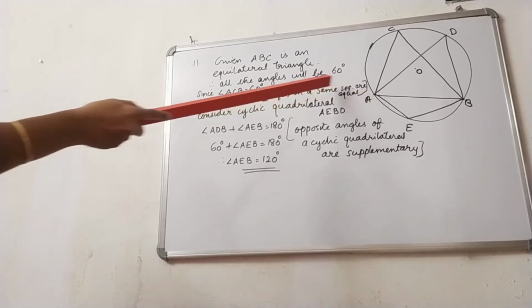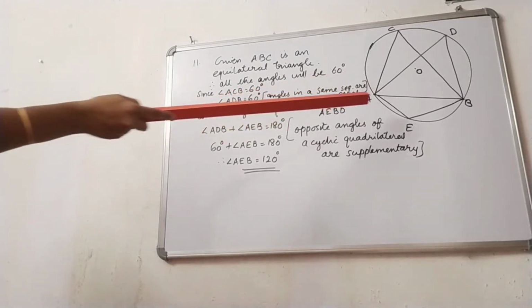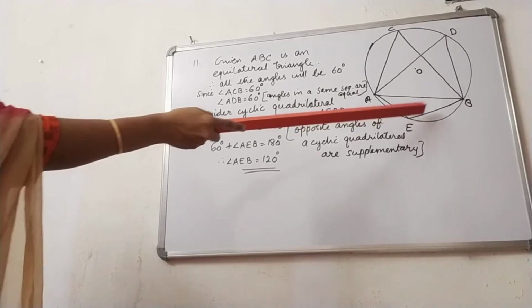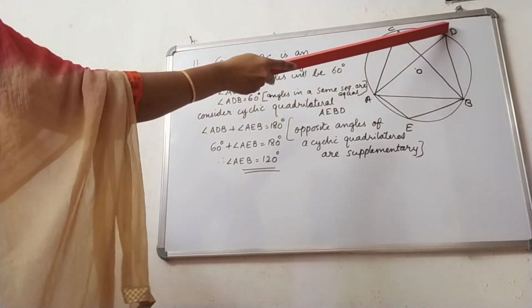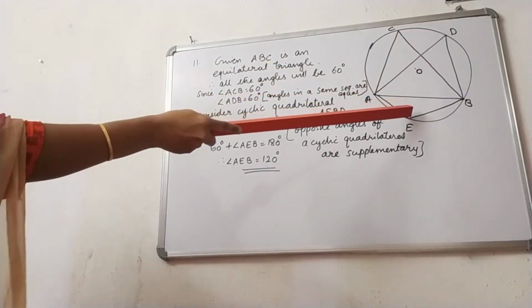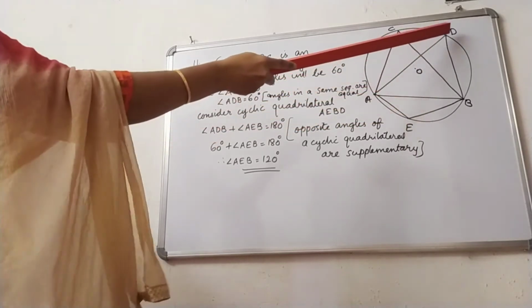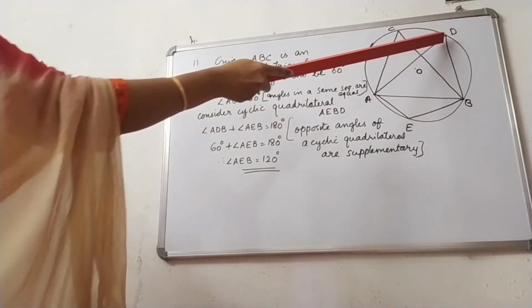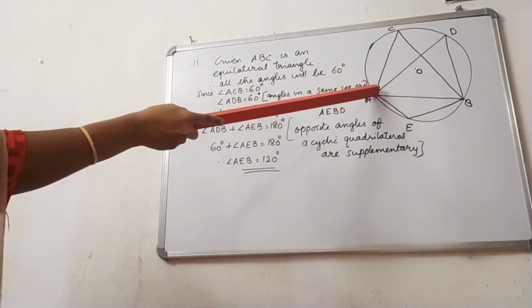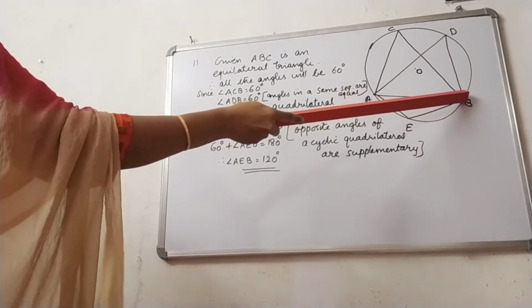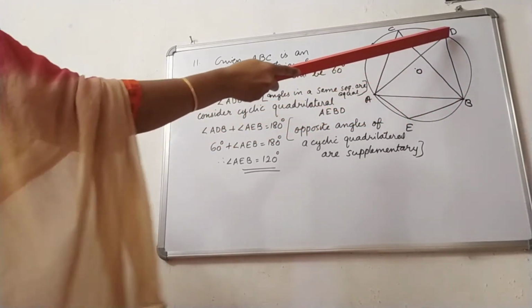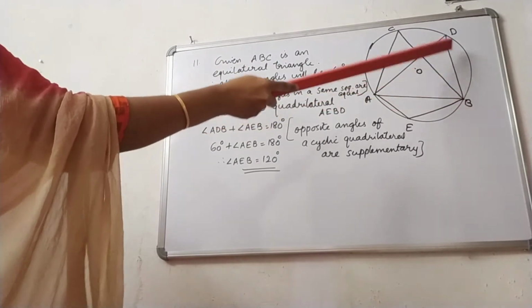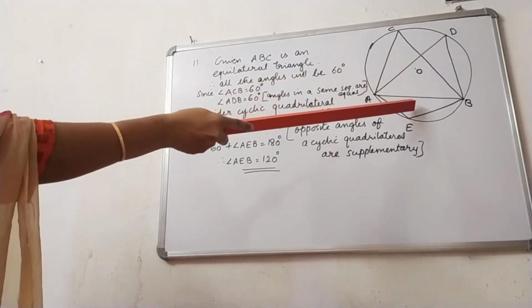Next we want to consider the cyclic quadrilateral AEBD. Opposite angles of a cyclic quadrilateral are supplementary. So consider these two angles, that is angle AEB and angle ADB. Sum of these two angles will be 180 degree.